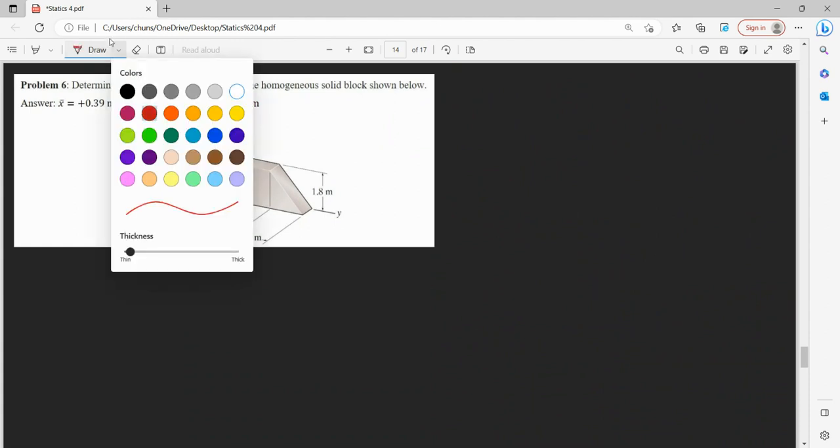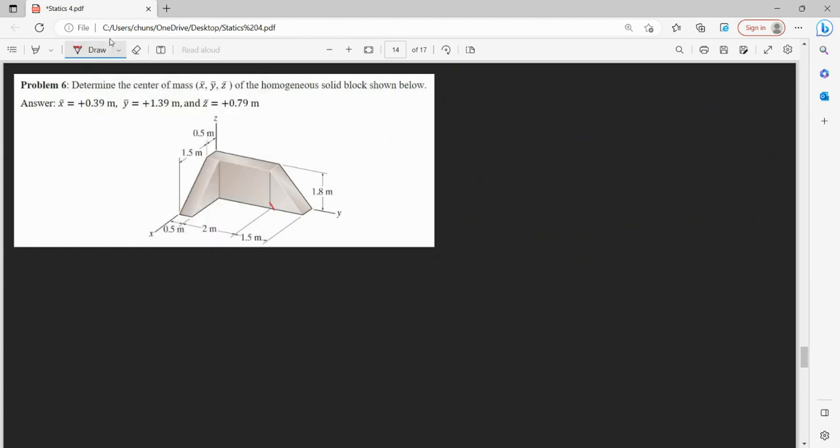Just a quick debrief: if I were to start with this component, just know that the center of gravity in our y direction is going to be 1/3 of 1.5, so that's 1.5 divided by 3. So that's 0.5 distance here.